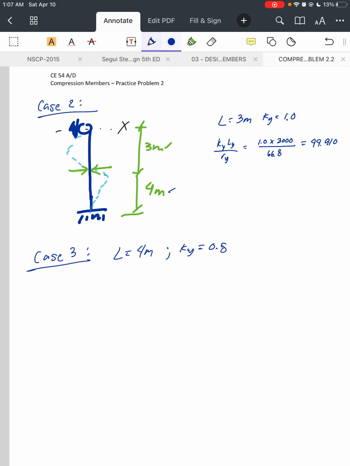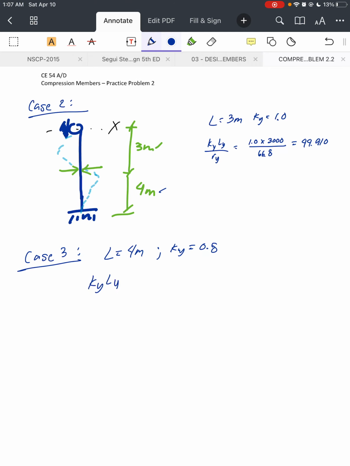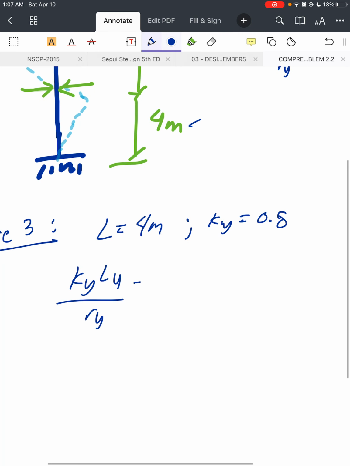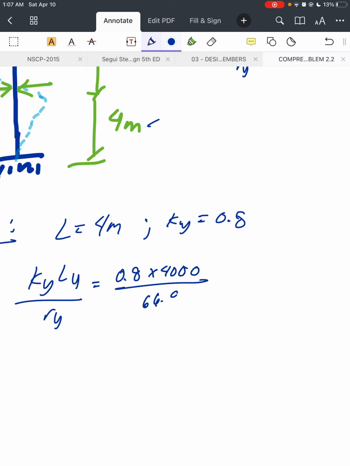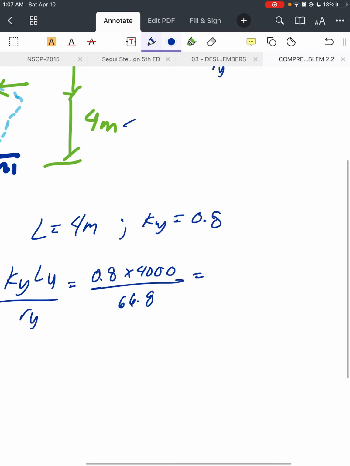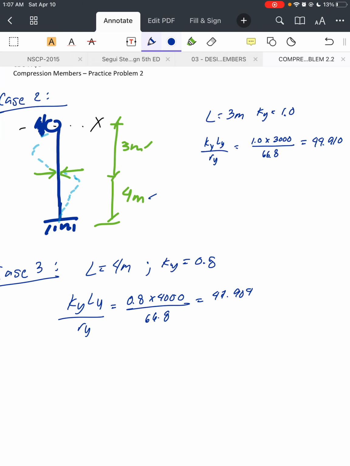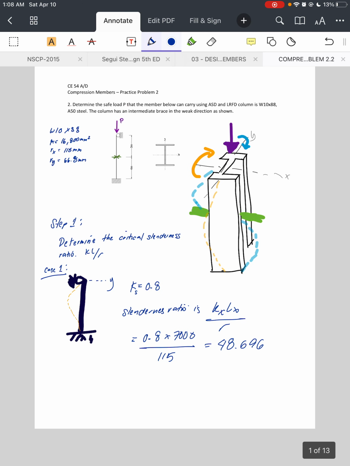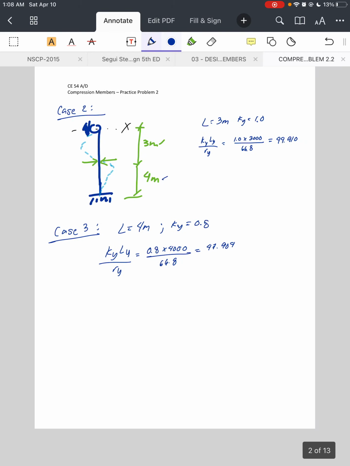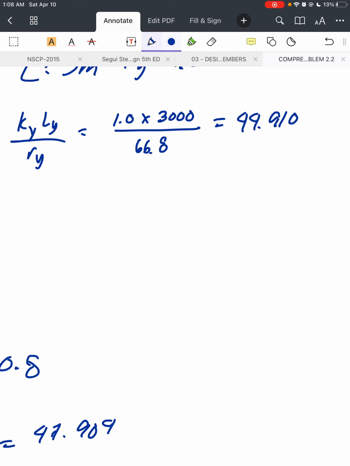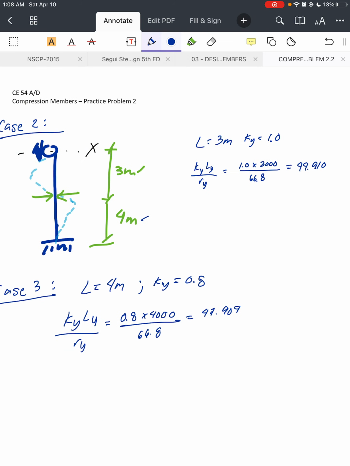Okay? So the slenderness ratio, KY LY over RY, will be equal to 0.8 times 4,000 over 66.8. Si RY ulit ang ginamit natin. So we have here 47.904. Okay? So compare natin yung tatlong slenderness ratio. So you have first 48.69696. Second one is 44.910 and the third one is 47.904. Okay.